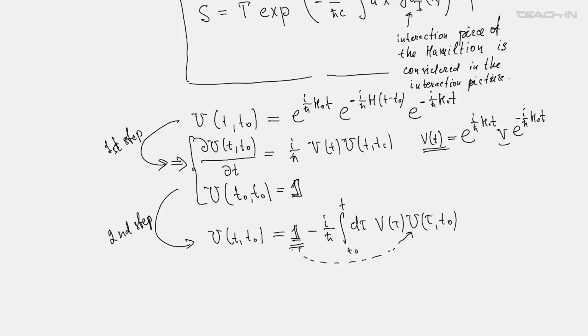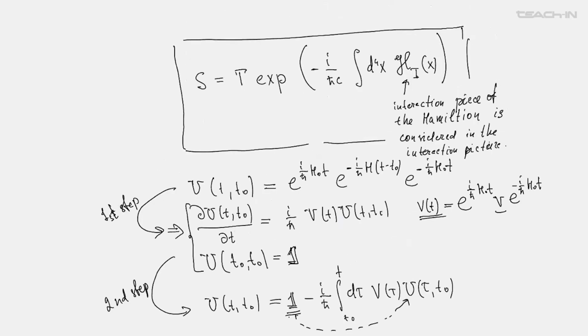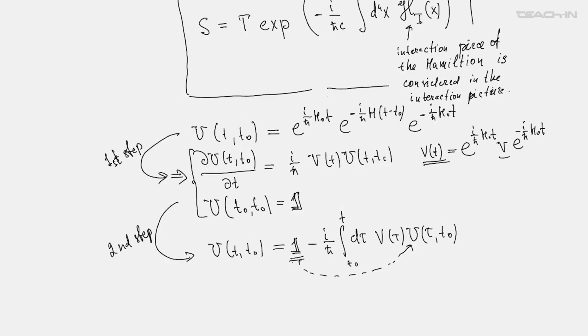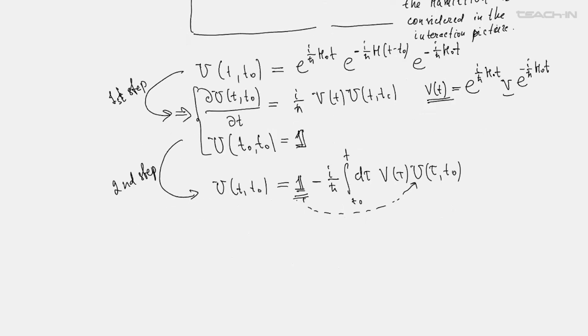And at the end of the day, what you will get is exactly the representation which can be compactly written as a T-ordered product of this time-dependent exponential of the time-dependent potential, and that is what we have derived at the end last time.